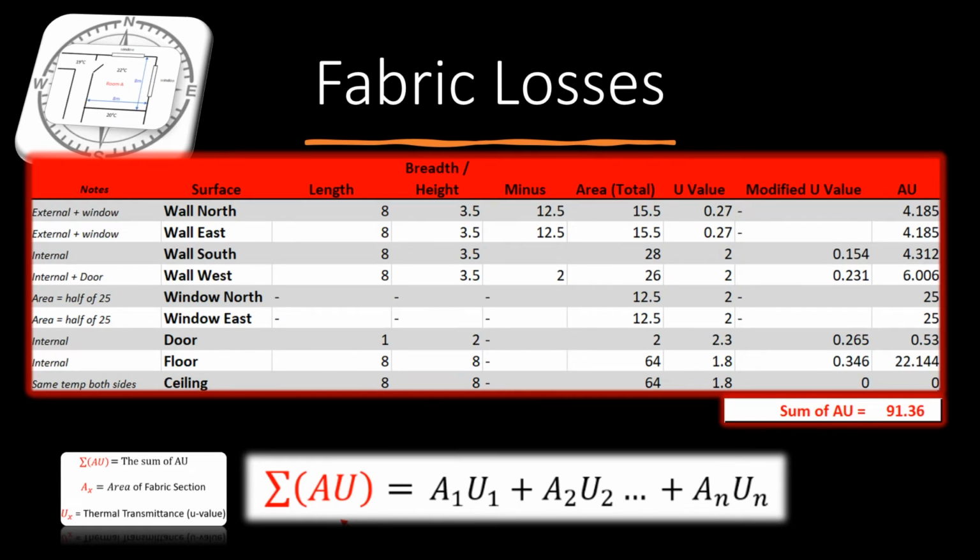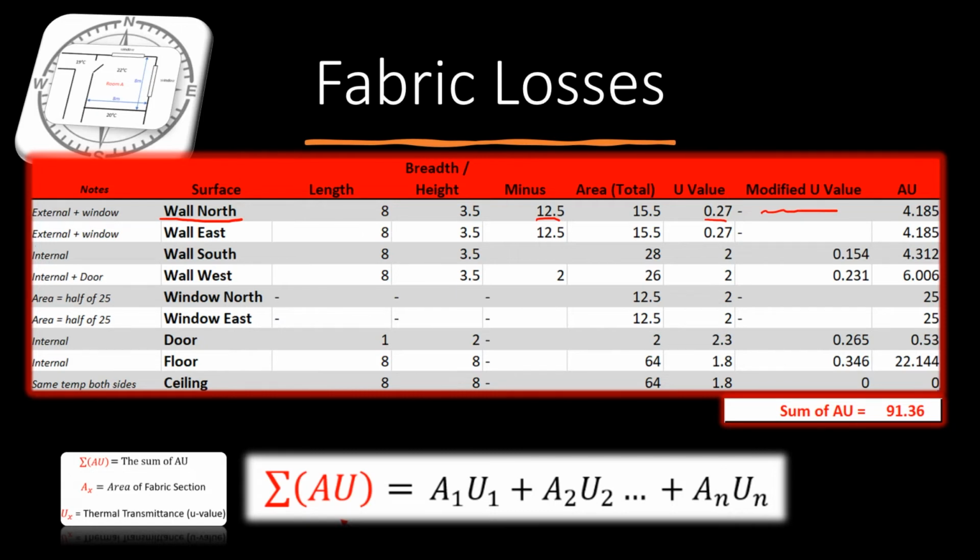This notes section, which I said I'd come back to: if we look at the north wall, which is the first one we just did, the notes I put down are external plus window. The reason for that is just to make sure that I haven't missed out the window in terms of my minus over here, and the external is just so that I remember I'm using the regular U value, and there's not going to be a modified U value.